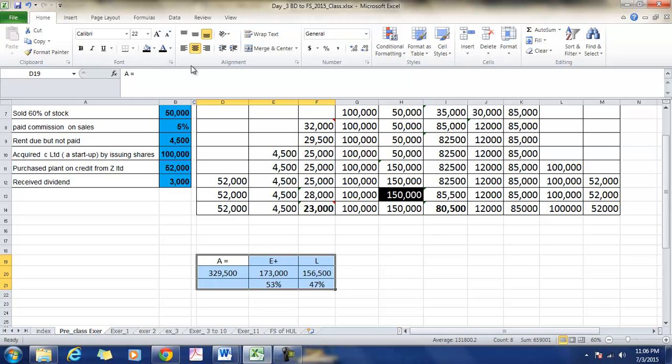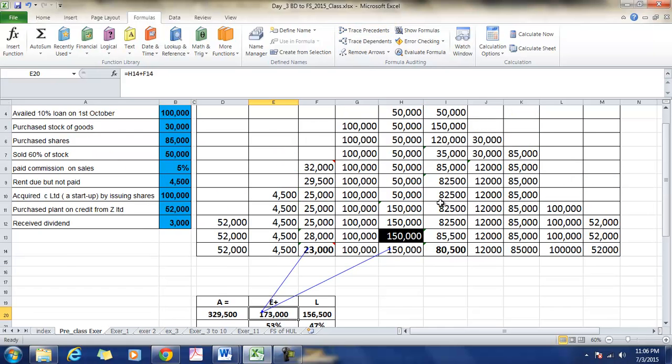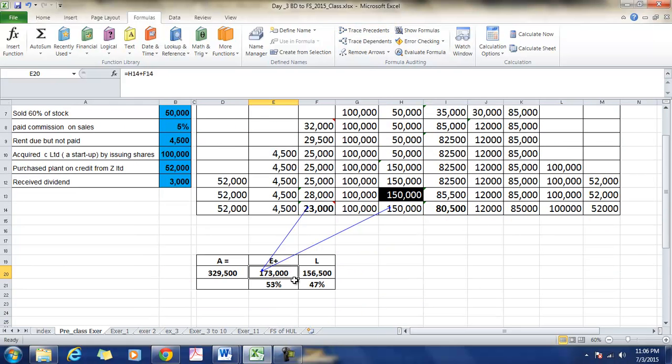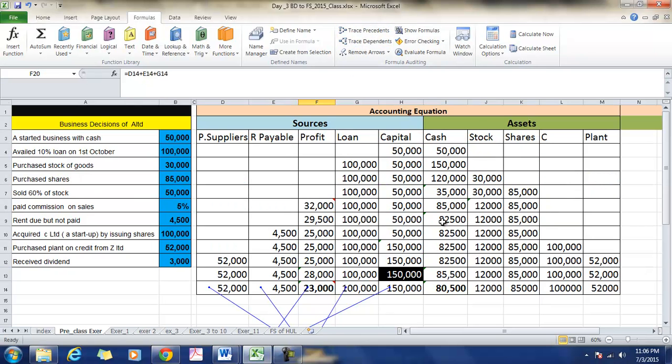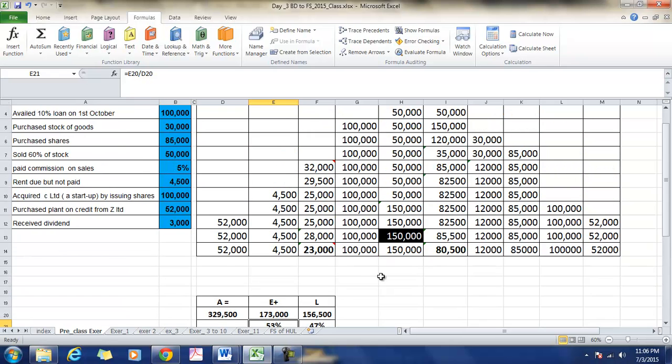It says that the assets of the company are 329,000, supported by equity of the company, which is capital and profit, and supported by the liabilities, which in this case are loan, rent payable, and the plant supplier. We can see that the company is financing its assets 53% by equity and 47% by liability.